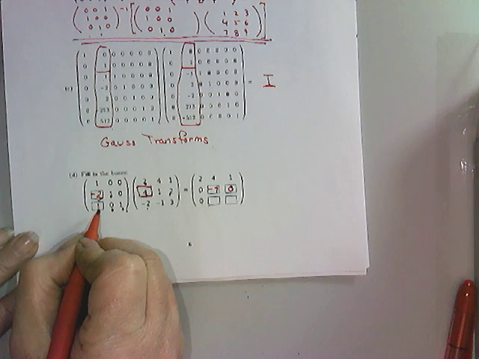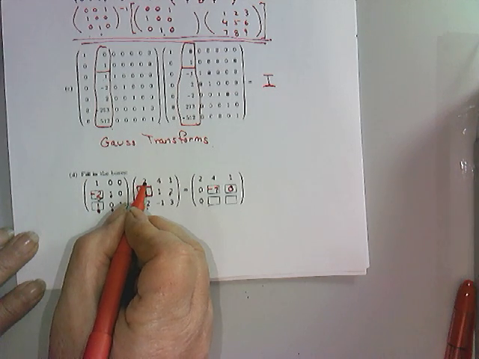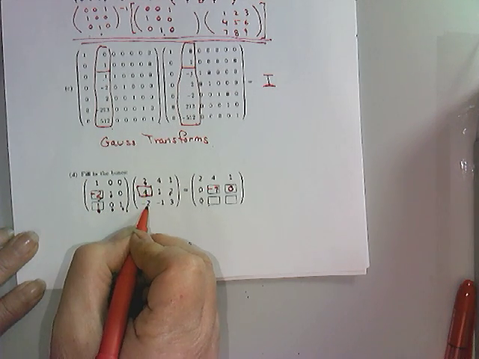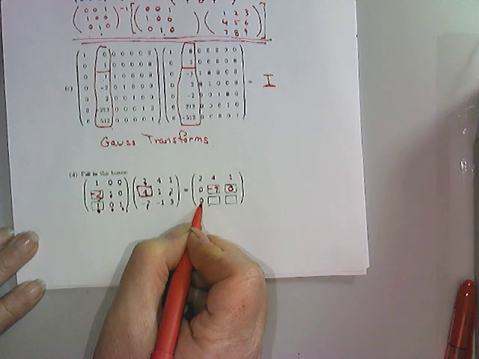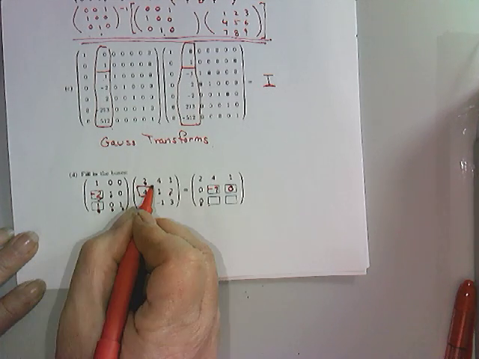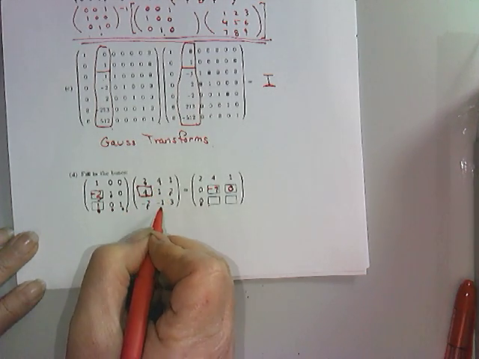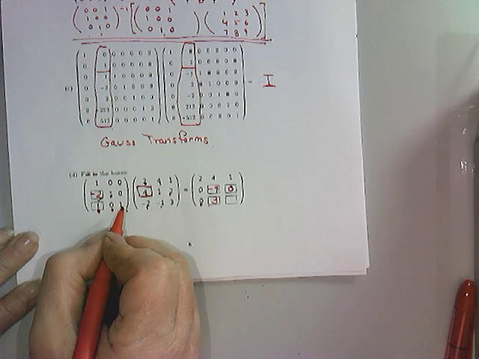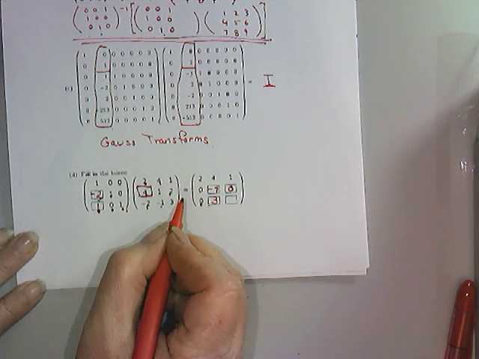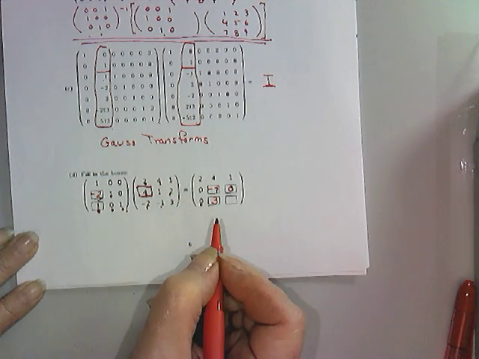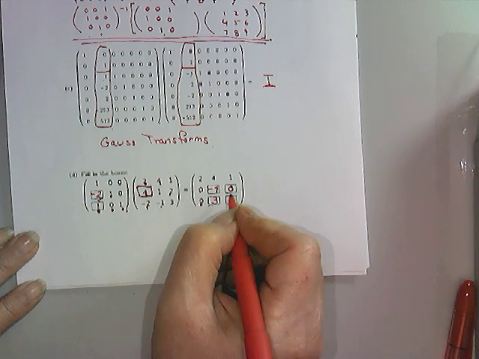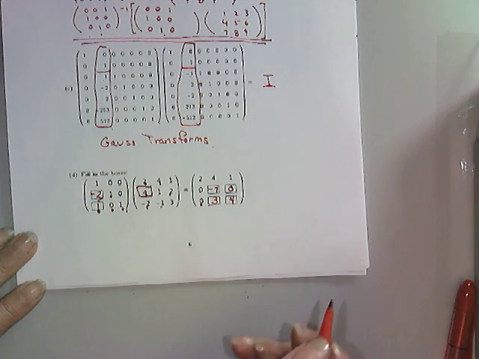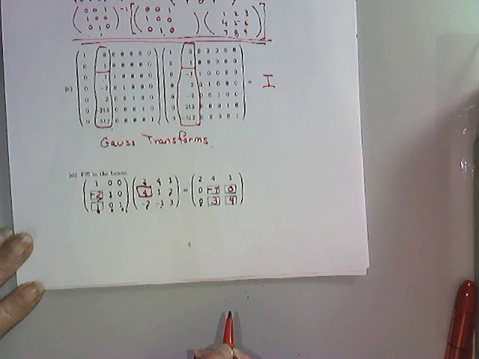So we'll have 1 times 2 minus 2 is 0, which we wanted. 1 times 4 plus a negative 1 is 3. And 1 times 1 plus a 3 is going to be 4. So that will be our result.